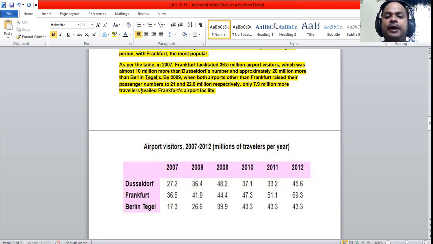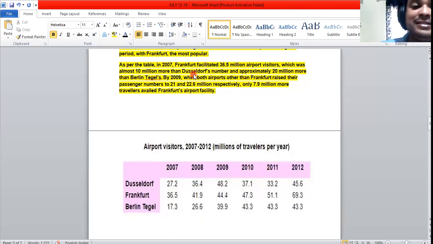Okay, so I can say that there is something 21 million. So the difference between this point and this point is 21 million. So both the airports other than Frankfurt. So it is given this one and this one here. So this increased by 21 and this increased 22.6 million passengers respectively. So as per the order which is written in the previous sentence, it's Dusseldorf and Berlin Tegels. Okay. So it is written like that.